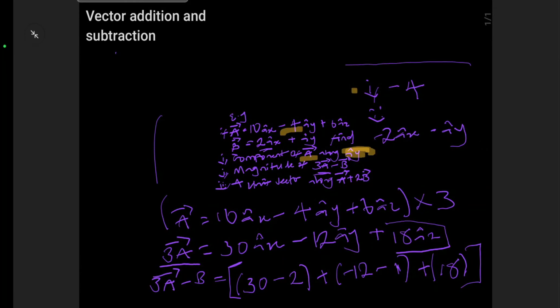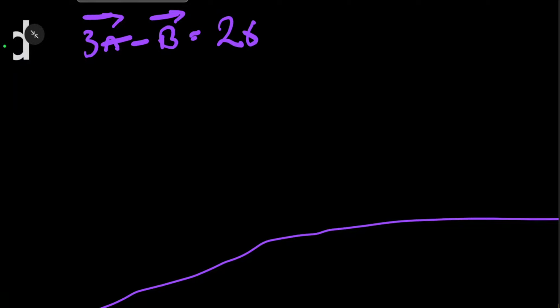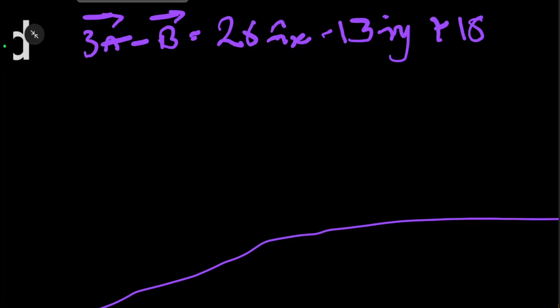So let's continue our calculation up here. After subtracting from what we did previously, we have our answer: 28 with its unit vector, minus 13 with its unit vector, plus 18 and its unit vector.